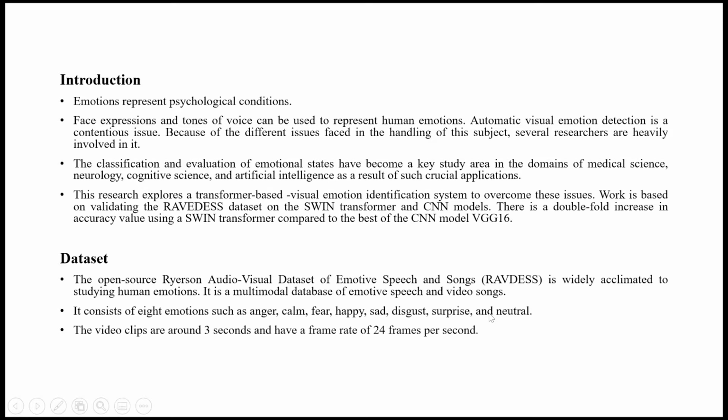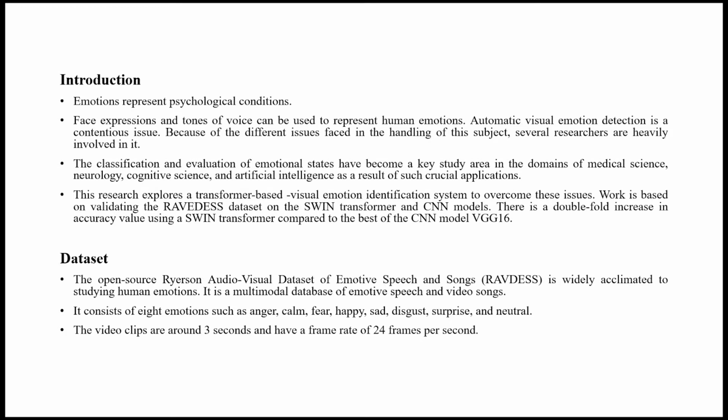In this research, we are going to use the video data set from the open source available data set, that is RAVDESS, which is Ryerson Audio-Visual Database of Emotional Speech and Song. This is a widely used data set for human emotion detection.